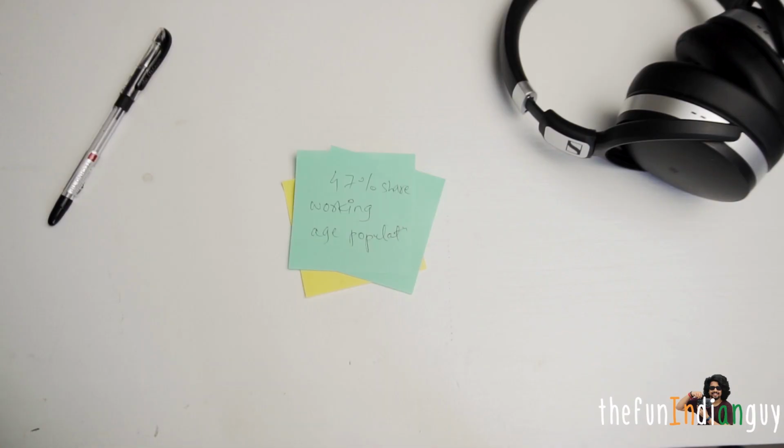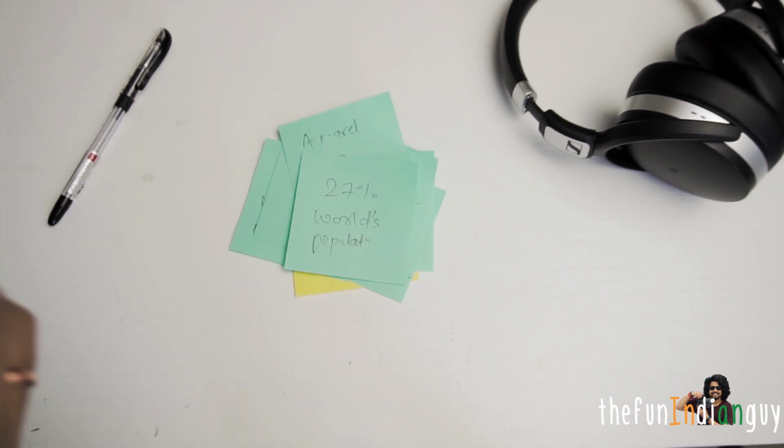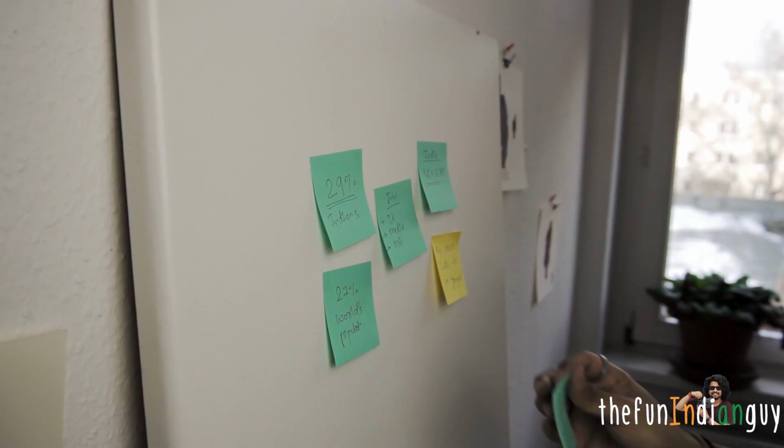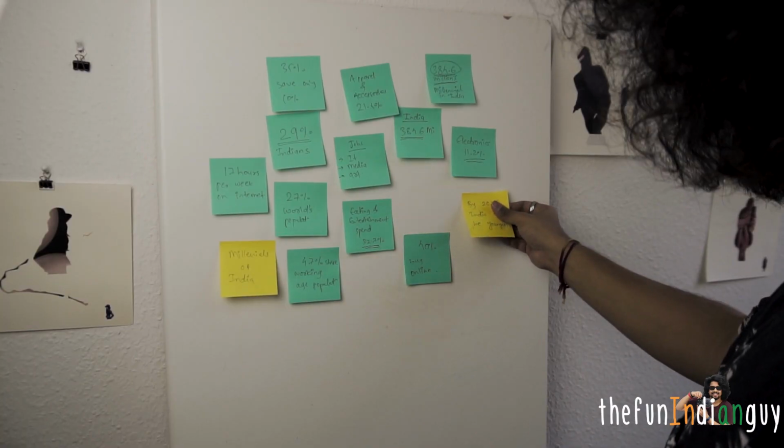So at the end of that particular research session, you will have a bunch of post-its lying on your table. The next task is to pick them up and put them on a wall. This task is all about displaying all the information, all the insights, all the data you got out of your research activity. Once you have all the post-its on the wall, just step back and go through all of them and try to understand, try to read, and try to grasp them again.